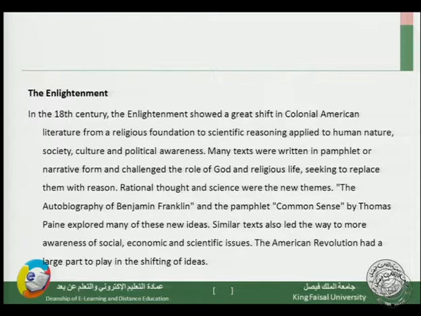Remember, the Enlightenment as a movement showed a great shift in colonial literature, from religious foundation to scientific reasoning applied to human nature, society, culture, and political awareness.